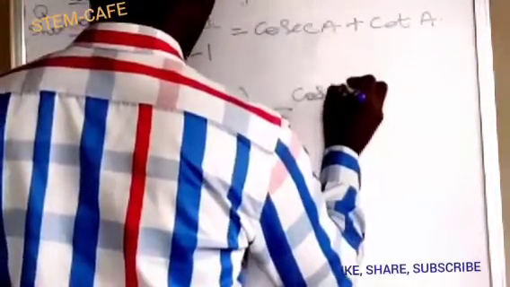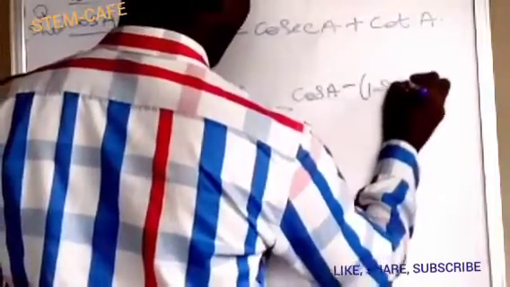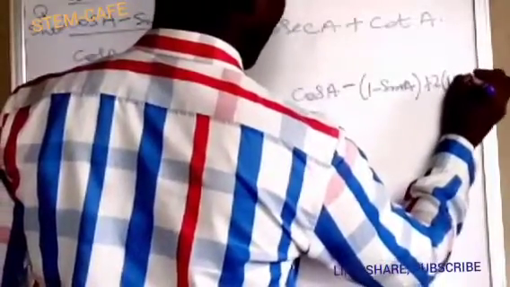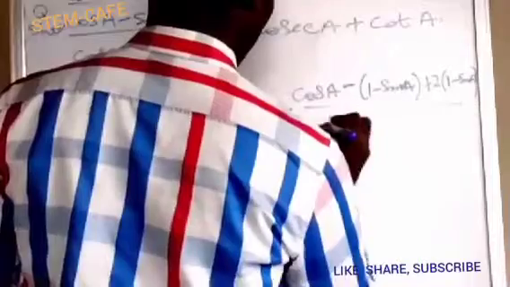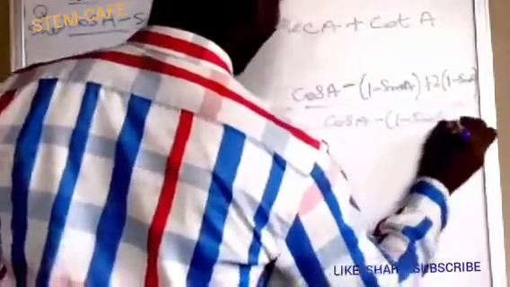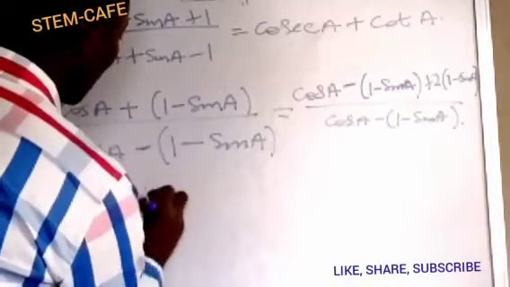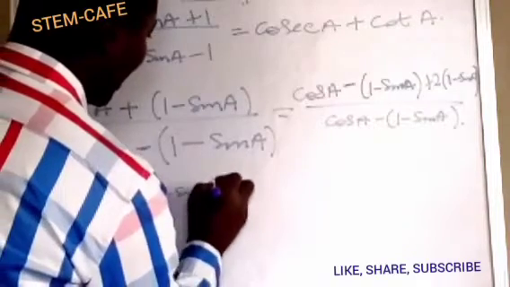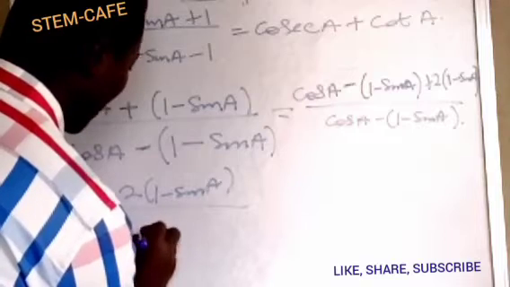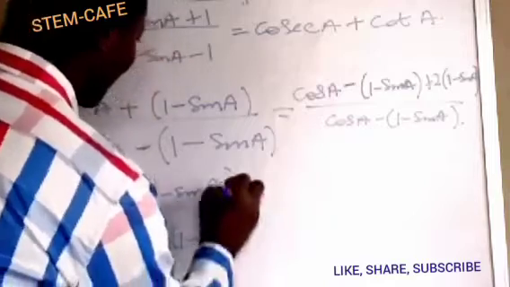Cos A minus 1 minus sin A plus 2 into (1 minus sin A) over cos A minus (1 minus sin A). So it's going to give us 1 plus 2 into (1 minus sin A) over cos A minus (1 minus sin A).